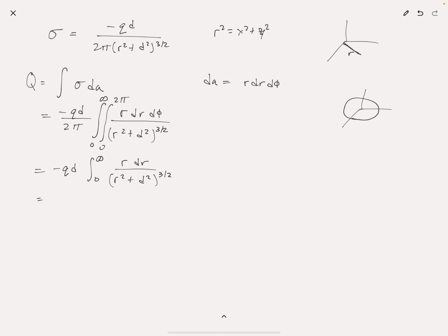It becomes minus qd over square root of r squared plus d squared, from 0 to infinity, which becomes minus q. So the total charge induced on that surface is minus q.